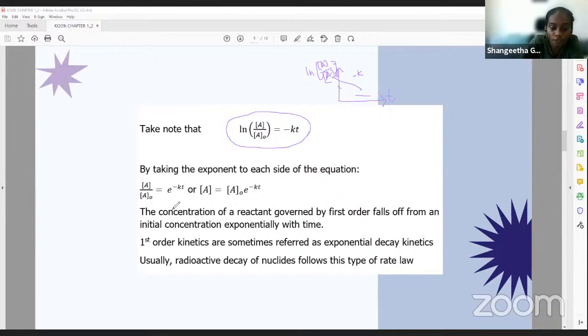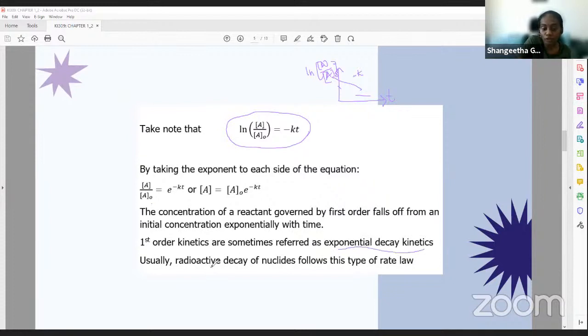Or if you were to rearrange this expression, you will get A equals A naught e to the power of negative kt. So the concentration of the reactant governed by first order falls off exponentially from an initial concentration with time. That's what this expression means. But you only use this expression for first order kinetics that have exponential decay kinetics.